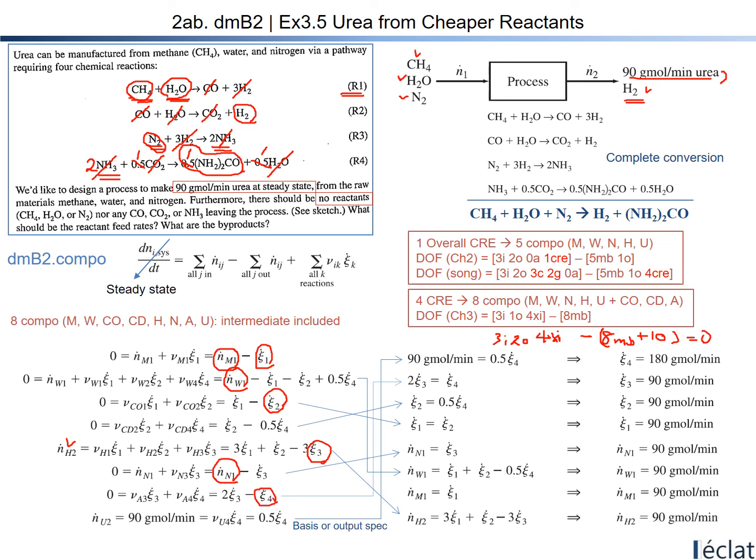So from those 8 equations, you could calculate the 3 input variables about the methane, water, and nitrogen, and one output flow rate, hydrogen, and 4 Xi, 4 extents of reaction for reaction 1, reaction 2, reaction 3, and reaction 4. That is the process calculation for this example.